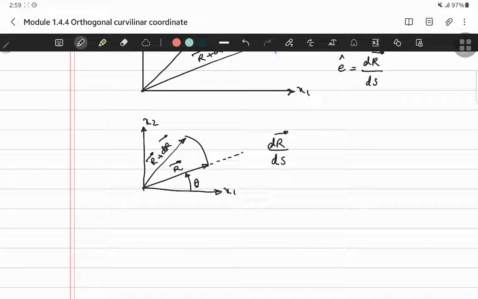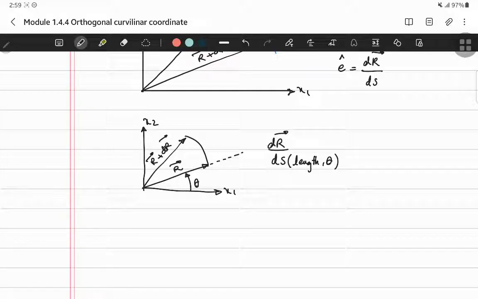Therefore, s is a function of a length parameter and also an angle like theta. But basically, it is now a parameter which is both length and angle or direction dependent.